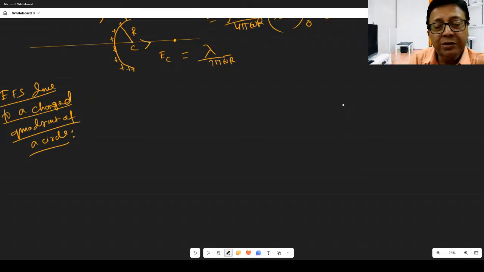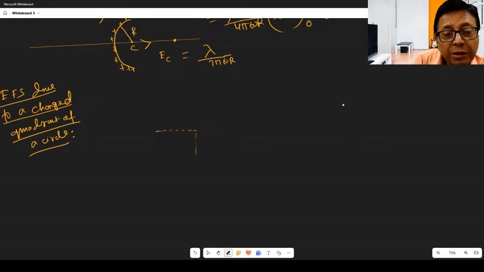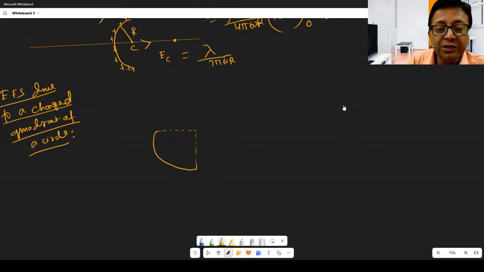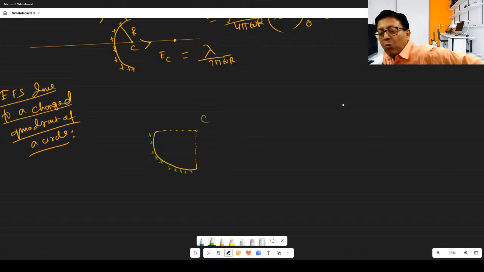We'll take a quadrant of circle here. Quadrant means 1/4. This one is charged. Due to this quadrant, at the point C, we have to find electric field. This I can do a bit faster because I hope you have understood the method.